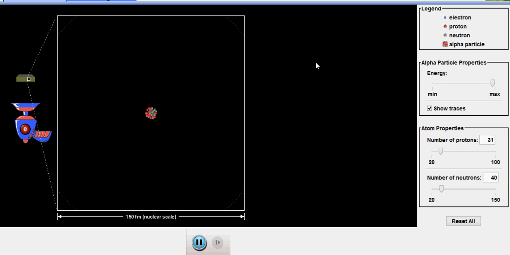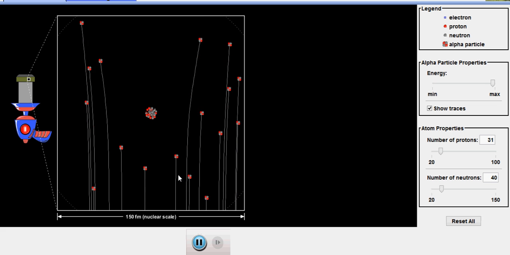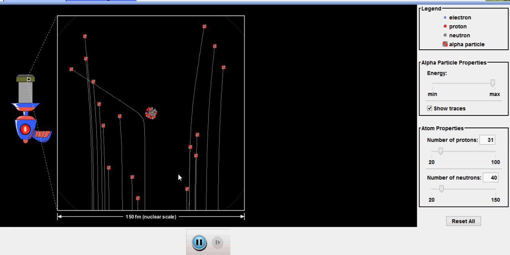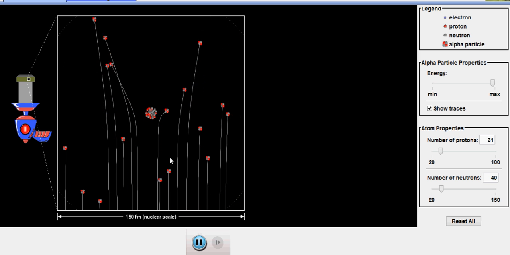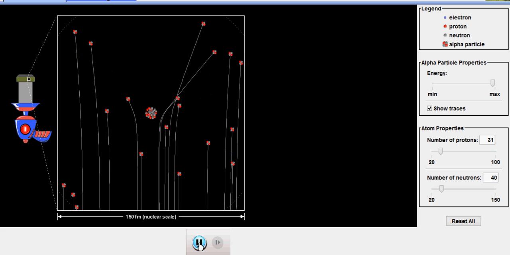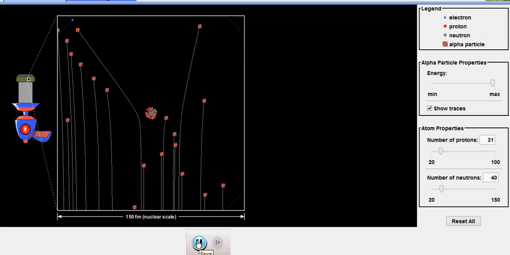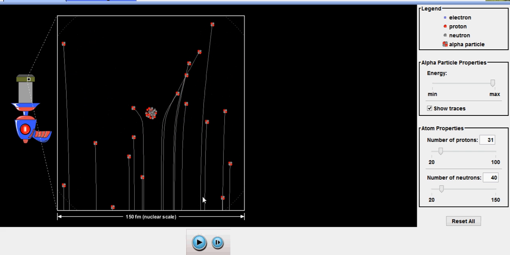As I said earlier, Rutherford passed alpha particles through the gold foil. You can observe that alpha rays are passing through the gold foil. Now we shall see the observations made by Rutherford. The first observation is that most of the rays passing through the atom are not getting deflected.